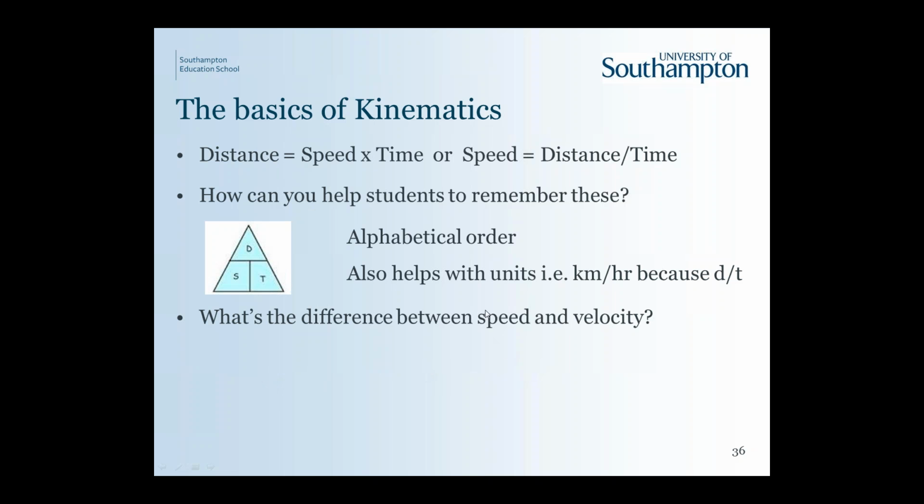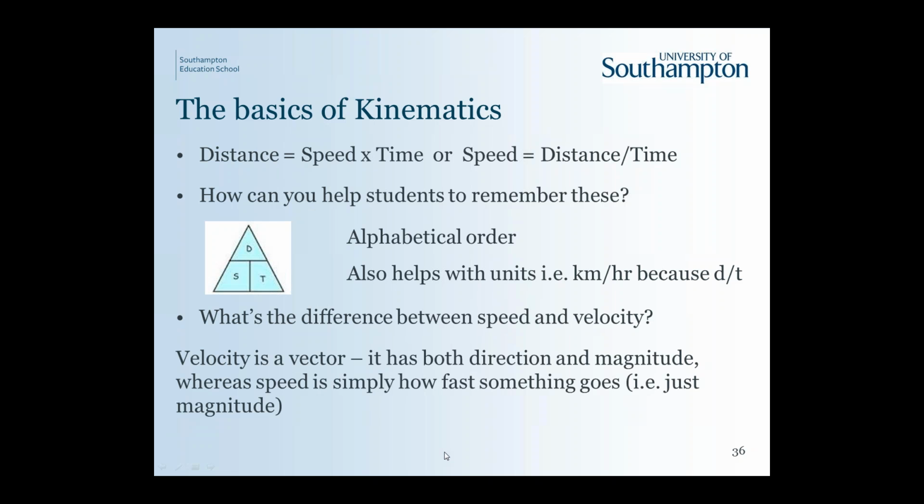So it could be going 60 miles an hour, which is just the amount, so that's the speed. The velocity is that it's going 60 miles per hour west. So yes, velocity is a vector, exactly as you said, both direction and magnitude. Speed is simply how fast it goes, just magnitude. Thank you for your mathematics.